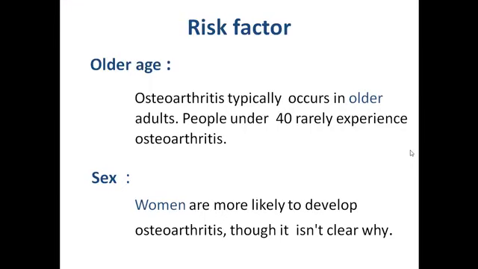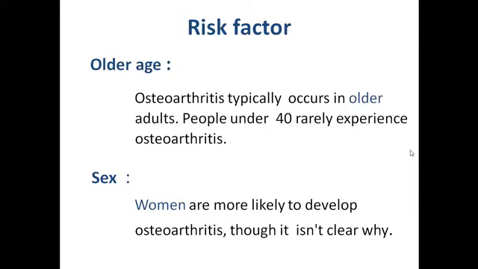Risk factors are very important. Before diagnosing the case, you have to know the risk factors. Number one, older age. Osteoarthritis typically occurs in older adults. People under 40 years rarely experience osteoarthritis. Sex.